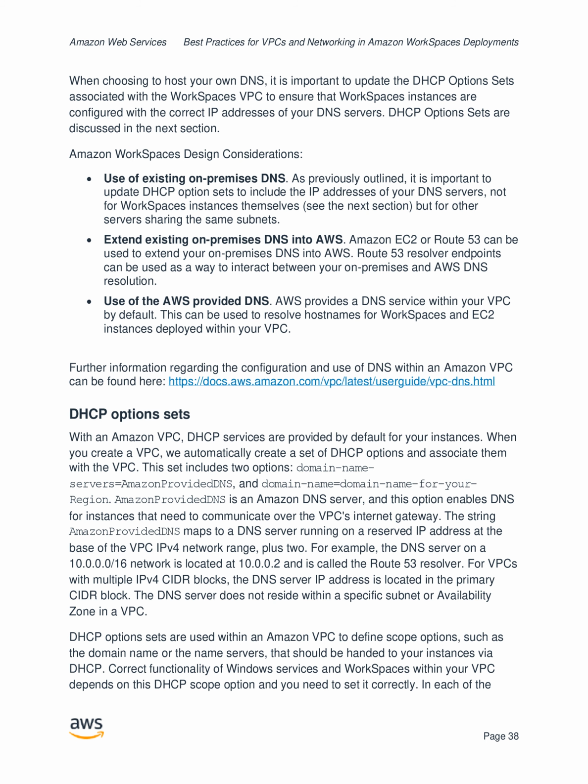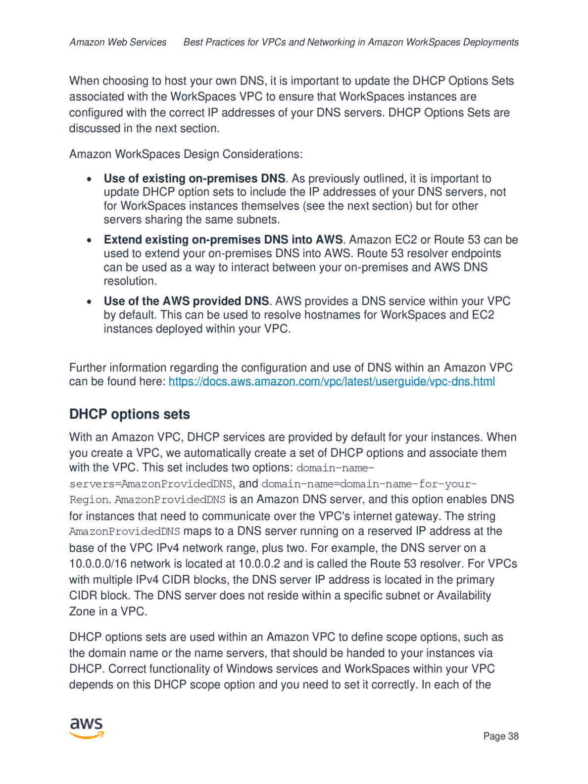When choosing to host your own DNS, it is important to update the DHCP option sets associated with the WorkSpaces VPC to ensure that WorkSpaces instances are configured with the correct IP addresses of your DNS servers. DHCP option sets are discussed in the next section.